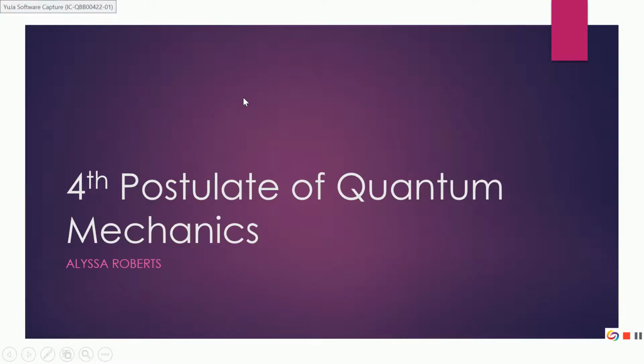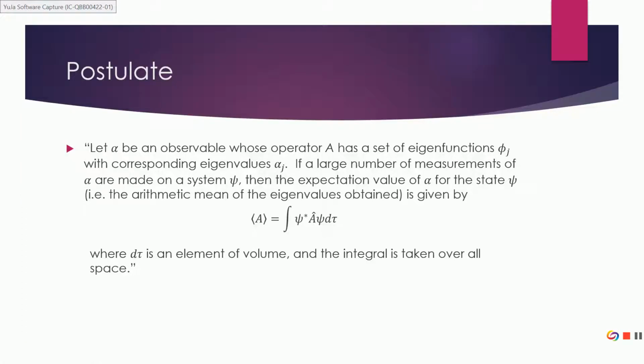All right, so the fourth postulate of quantum mechanics. The postulate reads: let alpha be an observable whose operator A has a set of eigenfunctions phi j with corresponding eigenvalues a j.